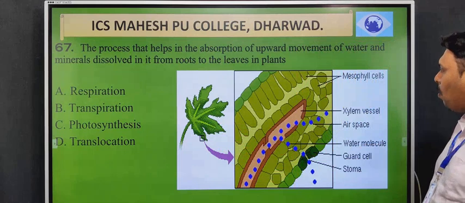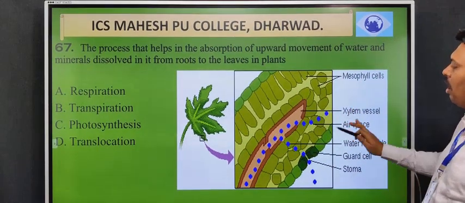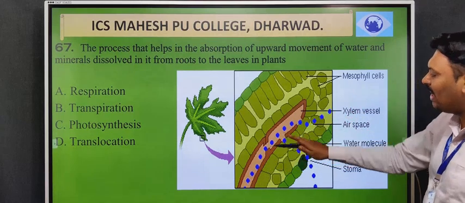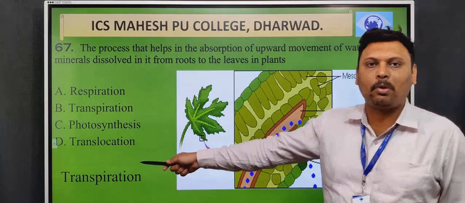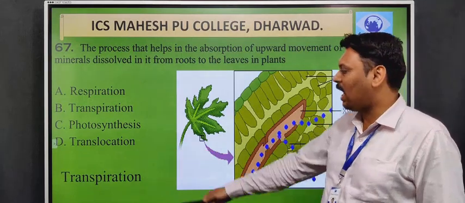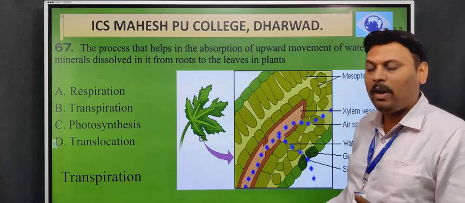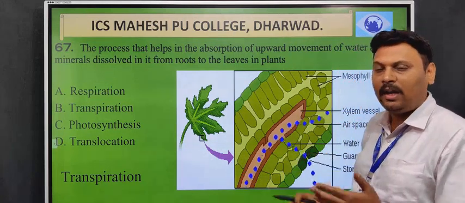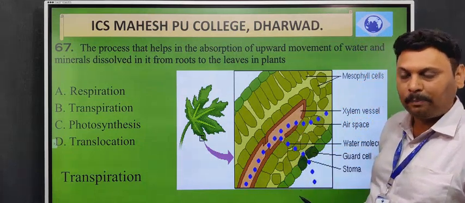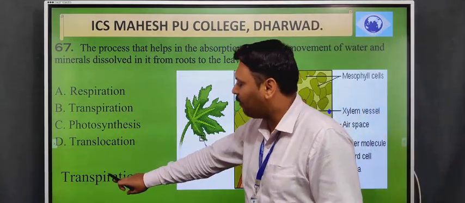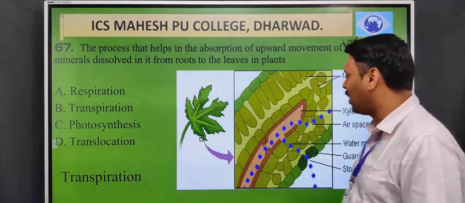This movement of water and minerals inside the xylem vessel is known as the transpiration process. Transpiration is the process of movement of water in xylem and in the vessels of plants. So the right answer for this question is transpiration.